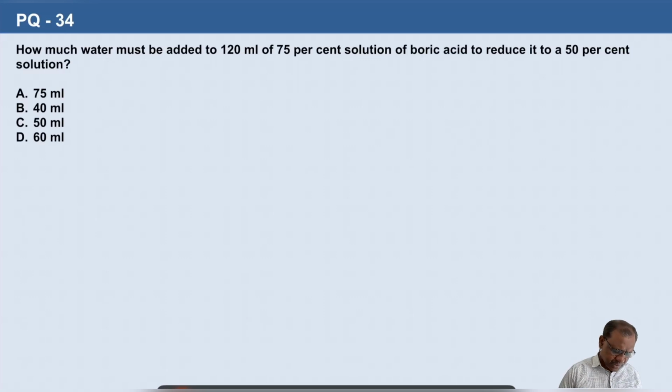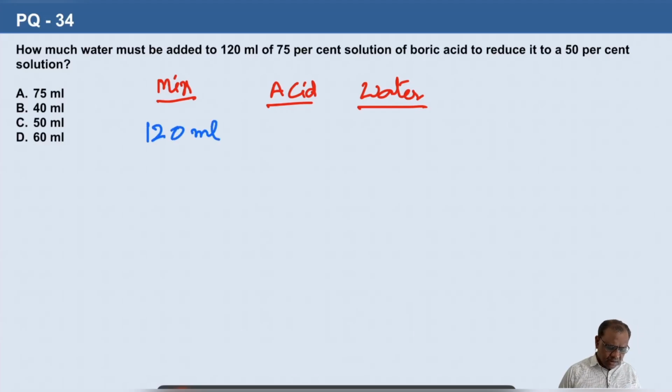So here also we have a mixture, acid and water. Mixture is 120 ml.